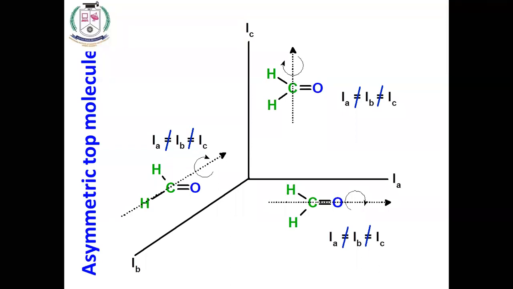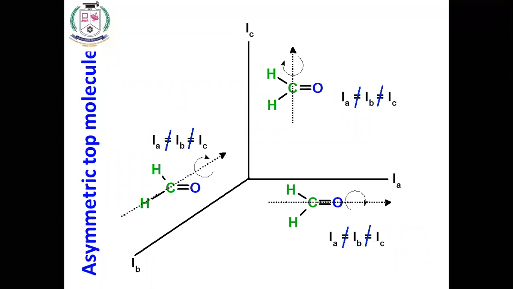For Ia, the axis is going through carbon and oxygen, and left and right, two hydrogens are there. That means Ia cannot be 0 here. Ia is there. And if you come to Ib and Ic, the Ib will be going through hydrogen and carbon, and Ic will be going through carbon.